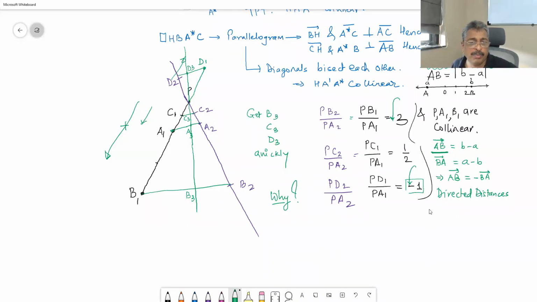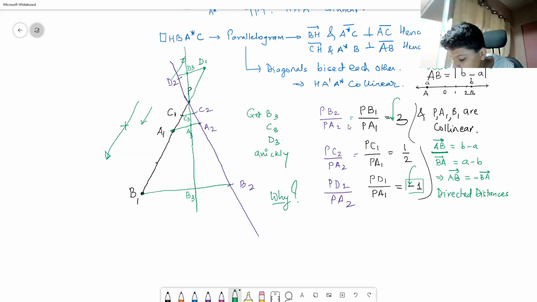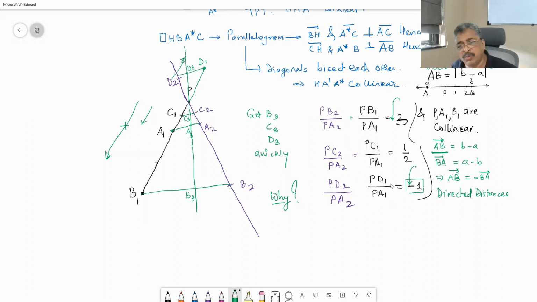Why is it true? Because the moment you have these two ratios equal given over here, there are similar triangles. PA1A2 happens to be similar with PC1C2, it's similar with PB1B2, it's similar with PD1D2, and therefore corresponding angles are equal.